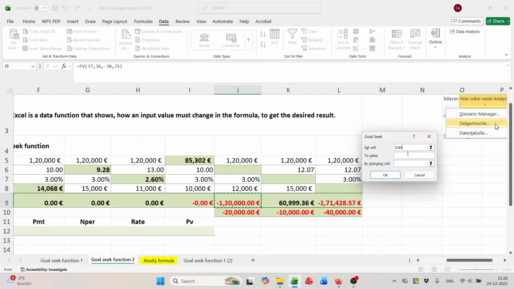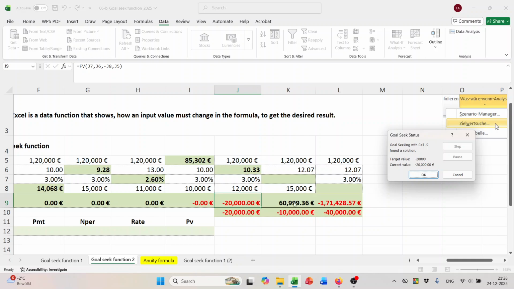This formula, To value, I want this value, and I cannot select it, I have to write it, minus 20,000 euro, by changing this cell.